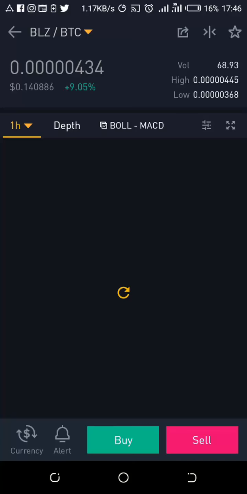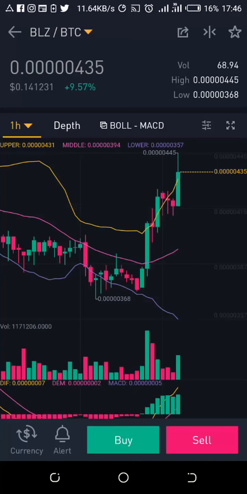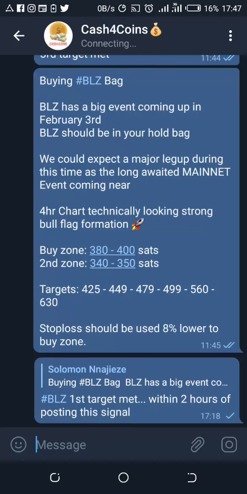So just like we said, we can use the first target to use it as our stop loss. So let's see it. Since we have made a profit and we have gotten our first target, which is 425, see what we are going to do.